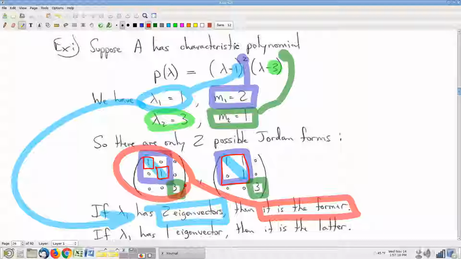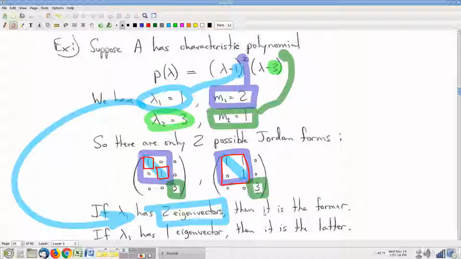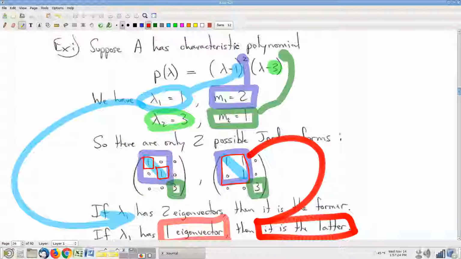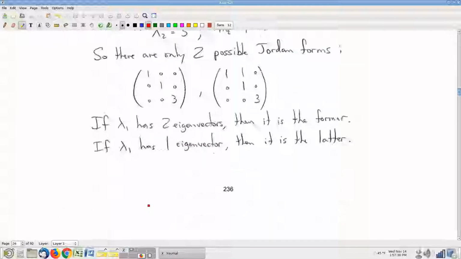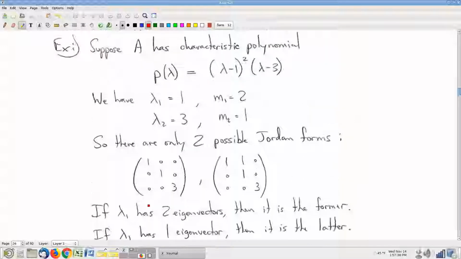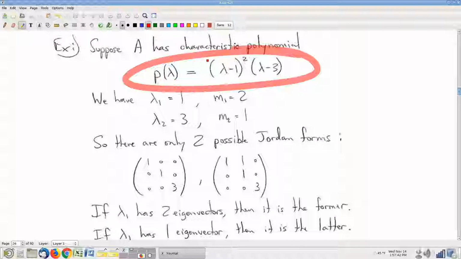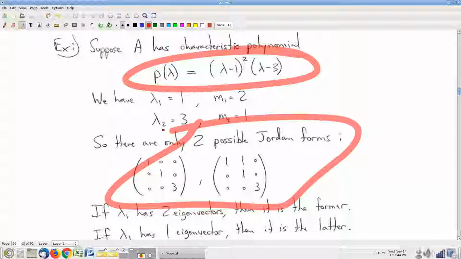And if there's only 1 eigenvector, then there is only 1 basic Jordan block, namely that. So, like I say, sometimes you get lucky. Okay. Last thing I'm going to talk about is how to take this to higher levels. If you know a characteristic polynomial, how many different possible Jordan forms are there?